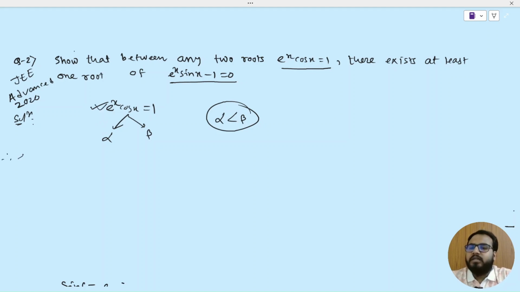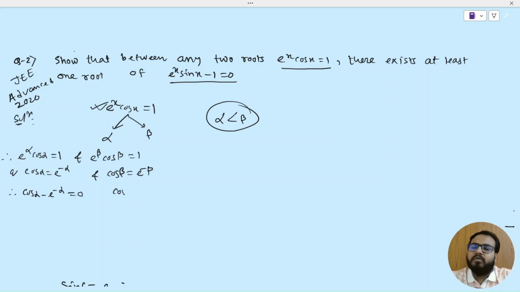Therefore, e to the power alpha cos alpha equal to 1 and e to the power beta cos beta equal to 1. Further, cos alpha equals e to the power minus alpha, and cos beta equals e to the power minus beta. So cos alpha minus e to the power minus alpha equals 0 and cos beta minus e to the power minus beta equals 0. We call these equation 1 and equation 2.